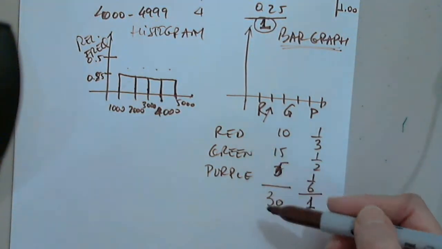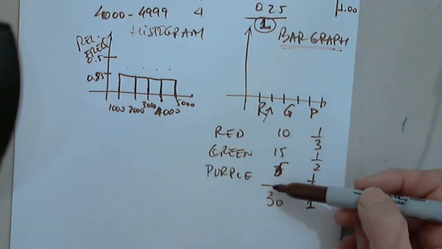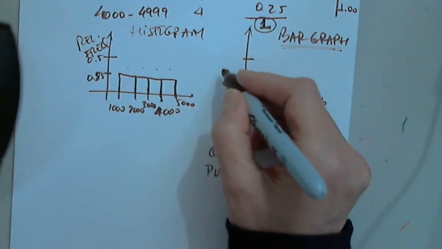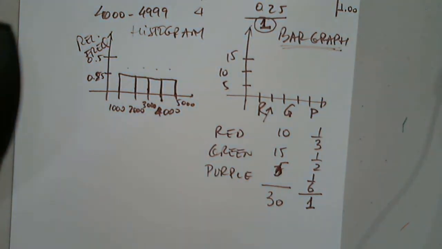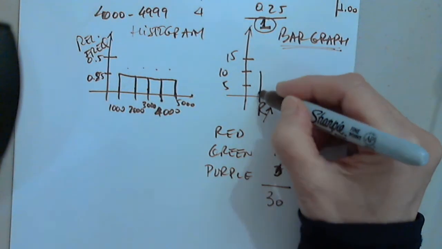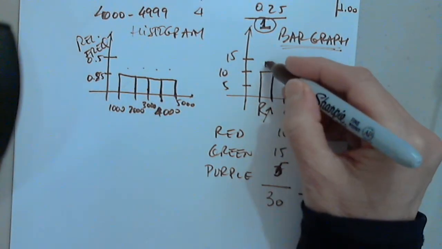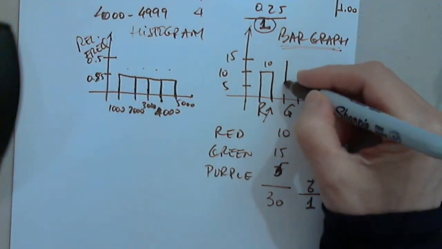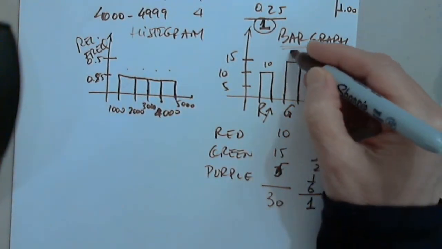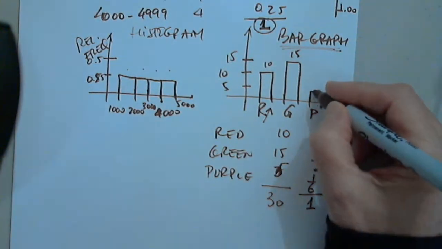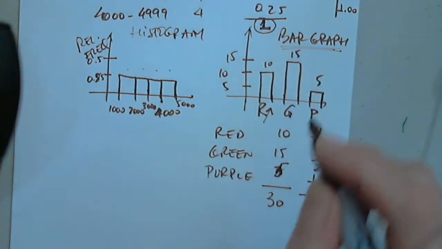So if I'm somewhere between 0 and 15, so 5, 10, 15. Sorry about that. So then the red will be as high as 10, and I put 10. Green will be as high as 15. And this is a refresher. I know you remember this, but just to make sure. And then the purple, 5.